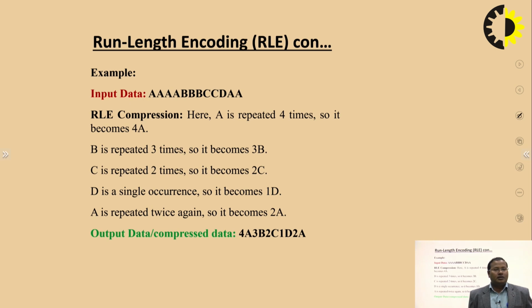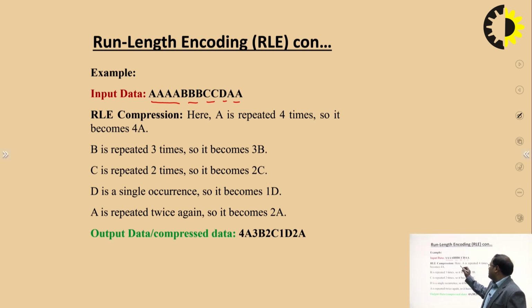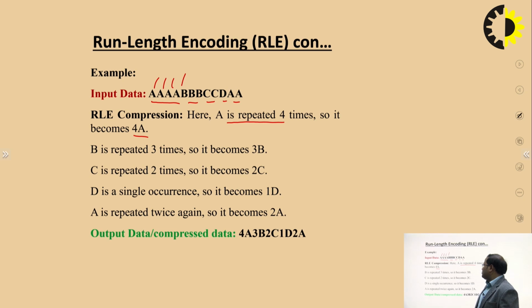For example, suppose I have taken the data AAAABBBCCDAA. This is the input data. According to run length encoding, here A is repeated 4 times, 1, 2, 3, 4 times. So its reduced form will be 4A, means A is repeated 4 times.